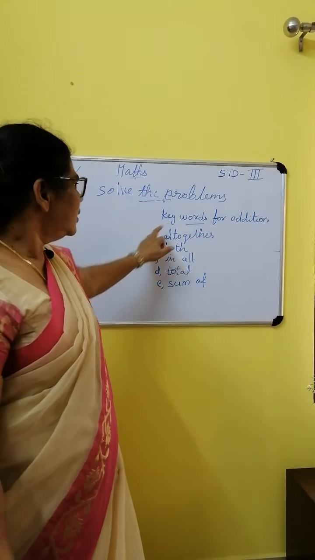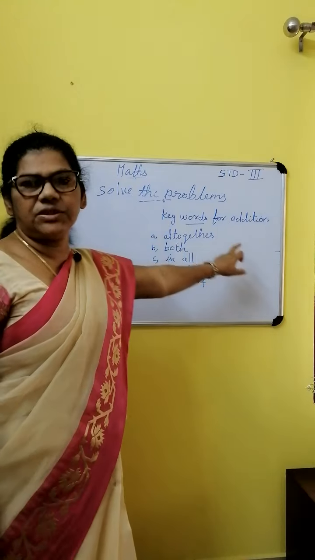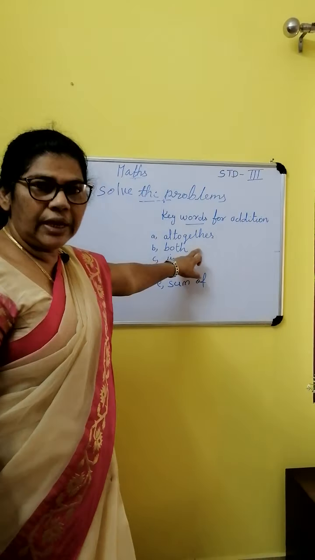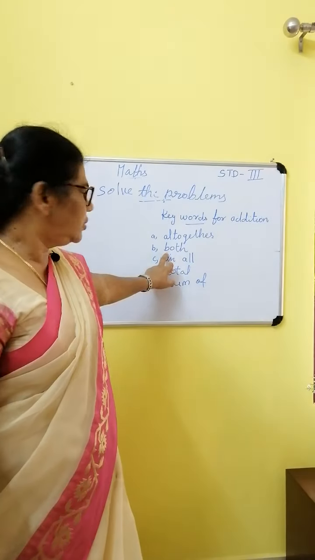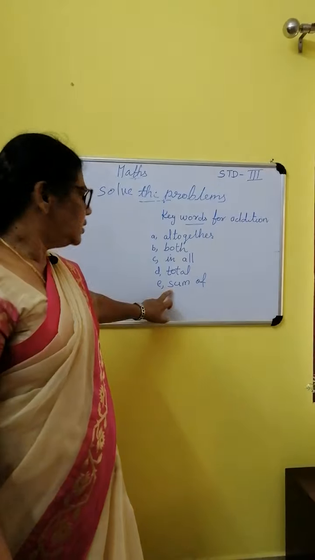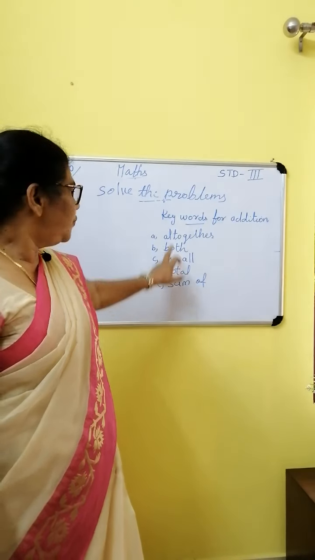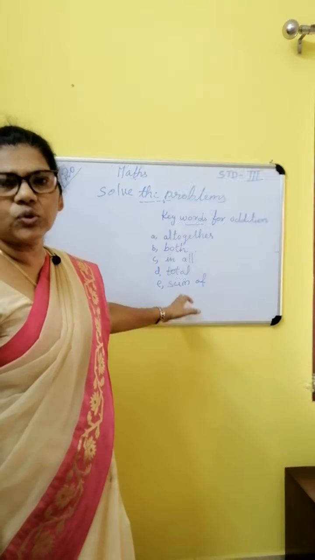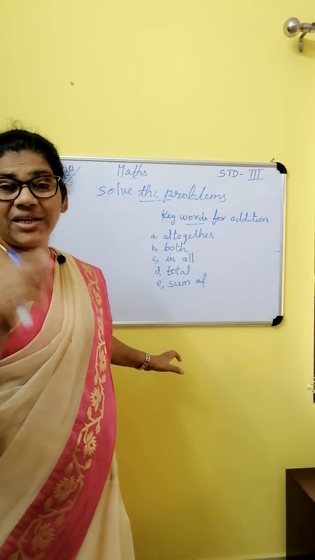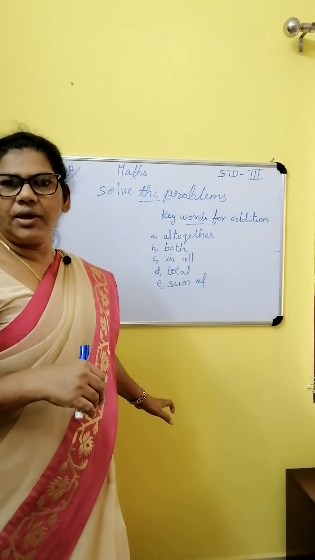See, these are the keywords for addition. Keywords: all together, both, in all, total, sum of. If you see these words in the question, you can understand that it is a word problem, and that it is addition. Understood?